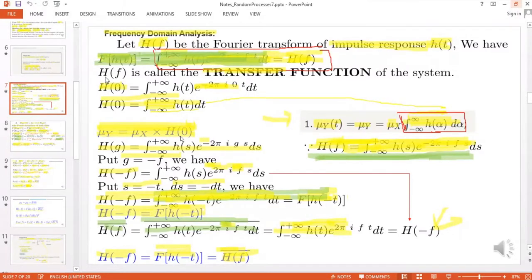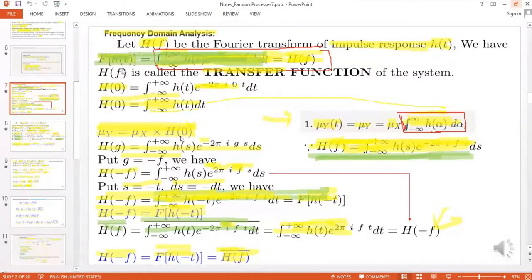The transfer function is known as capital H(f). So the Fourier transform of the impulse response h(t) is equal to capital H(f), and capital H(f) is called the transfer function of the system. And you know how we define the Fourier transform: the integral from minus infinity to plus infinity of h(t) e raised to power minus 2 pi i f t dt.